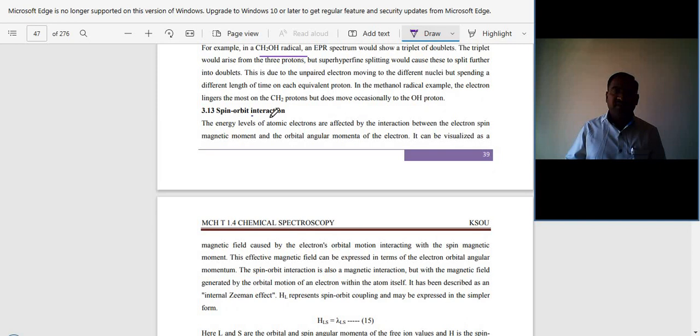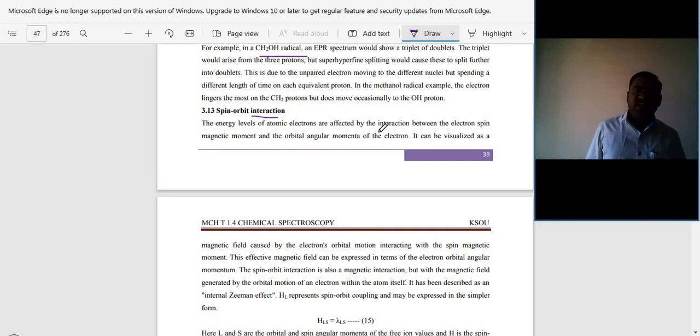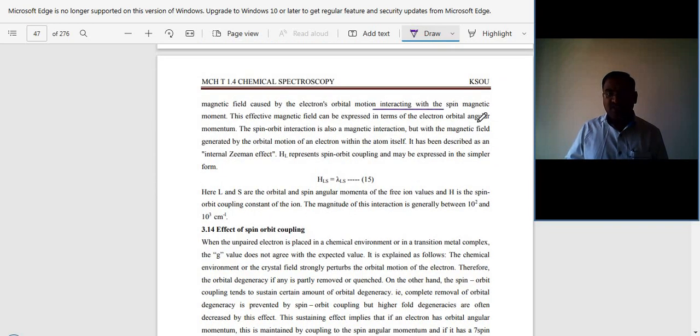Spin orbit interactions: the energy levels of atomic electrons are affected by the interactions between the electron spin magnetic moment and the orbital angular momentum of the electron. It can be visualized as a magnetic field caused by the electron's orbital motion interacting with the spin magnetic moment.